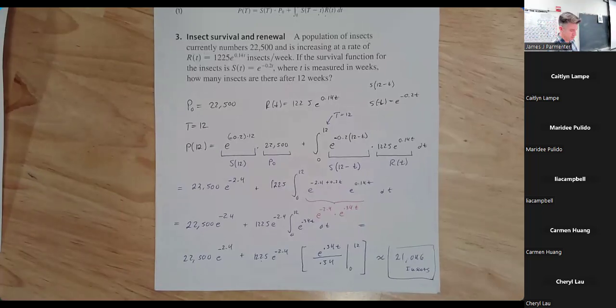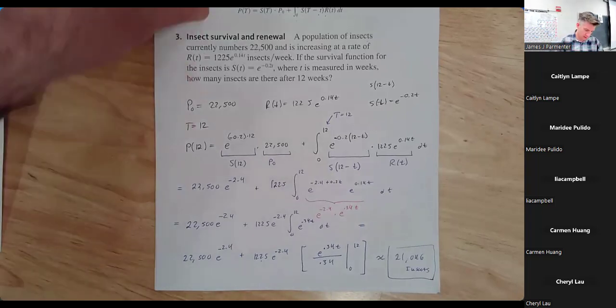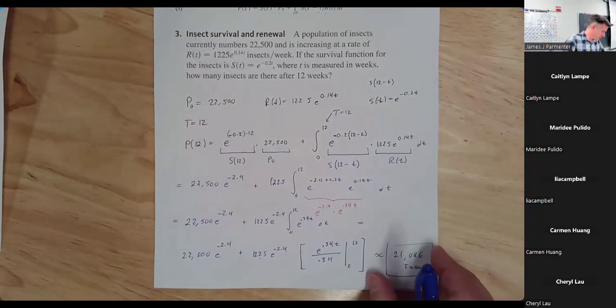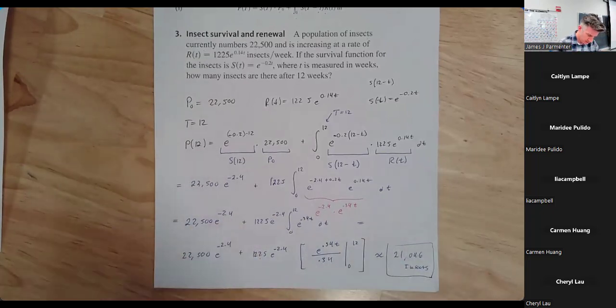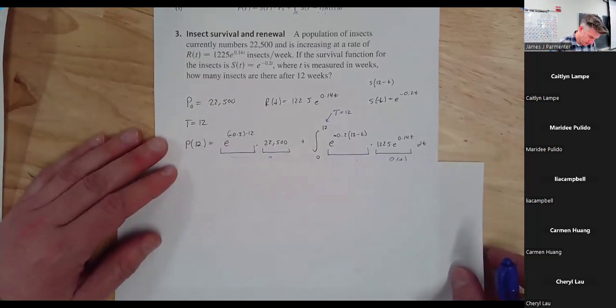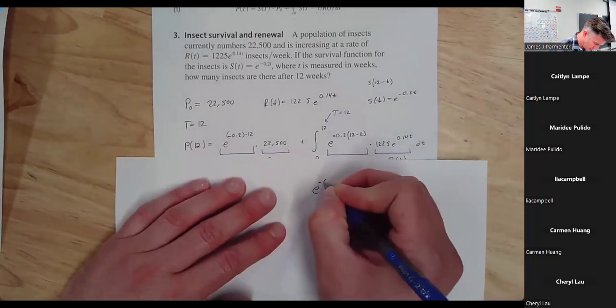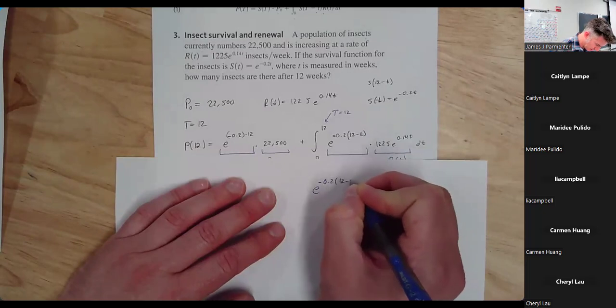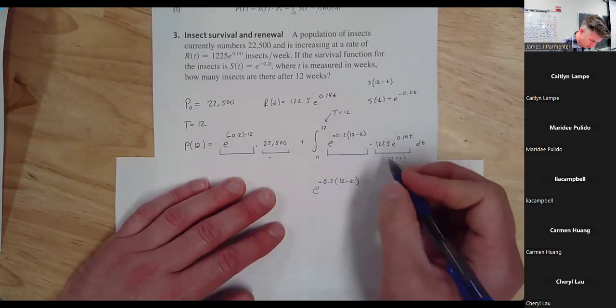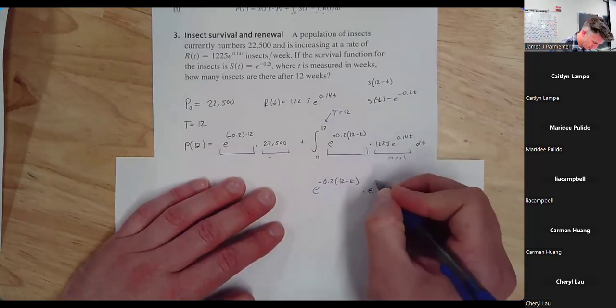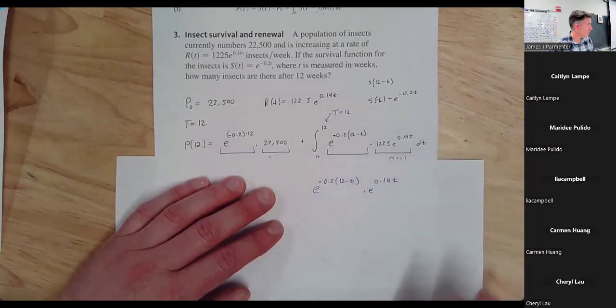How are you going to pull out the negative 2.4 again? So let me show that work a little bit more here. Just looking at this integrand, I have e to the negative 0.2 times 12 minus t, times, I'm pulling out the 1225, e to the 0.14 t.